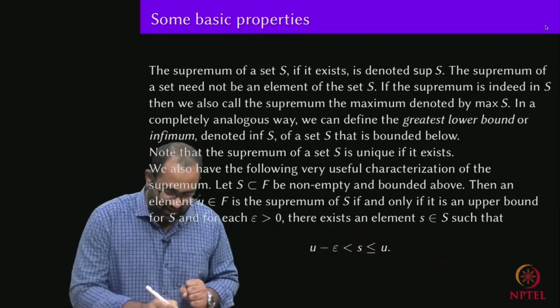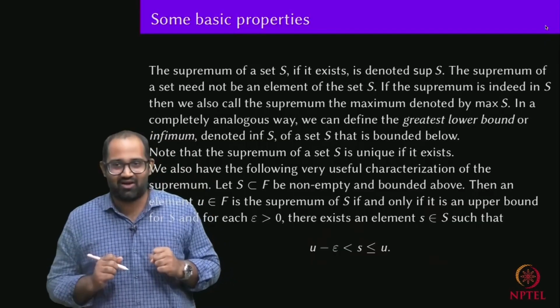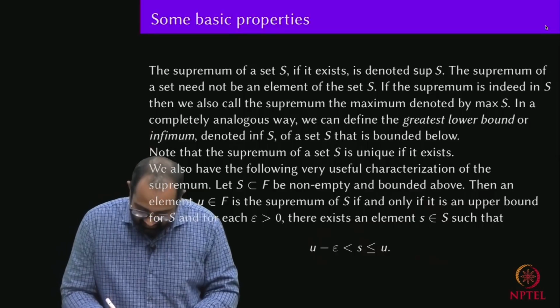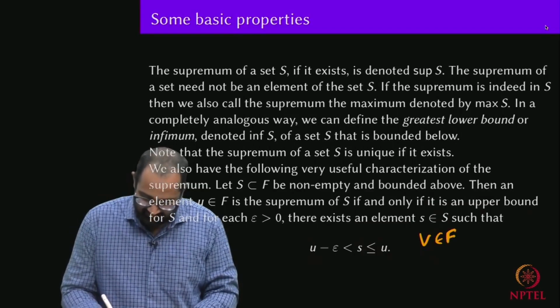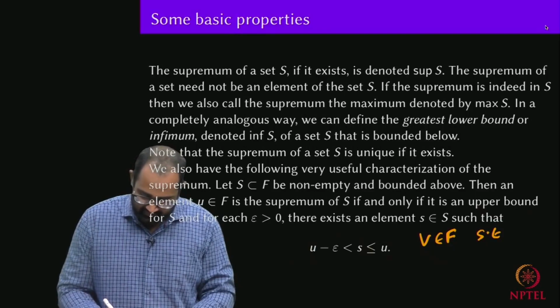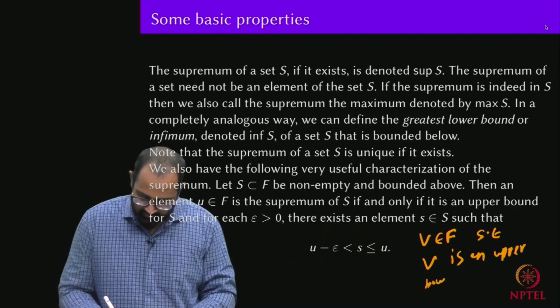So unfortunately I may have to break what I said because I am not able to keep track of things. I am being forced to write down. So suppose there is a v in F such that v is an upper bound, but v is less than u.